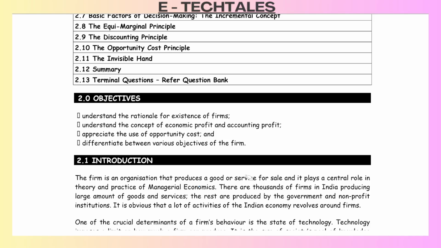Opportunity cost is the cost foregone by the company or the firm to get certain activities done in the current scenario. For example, you have two offers or two projects to do. One project lets you make a profit of around 10,000 rupees.